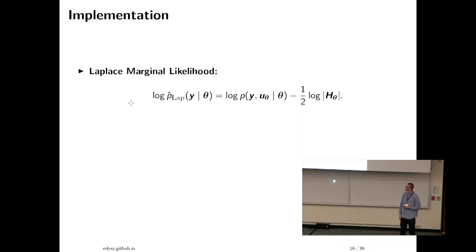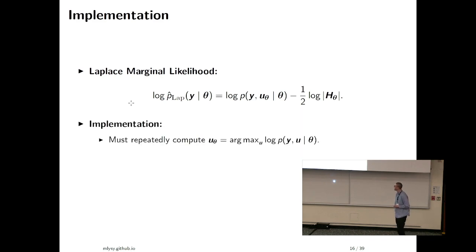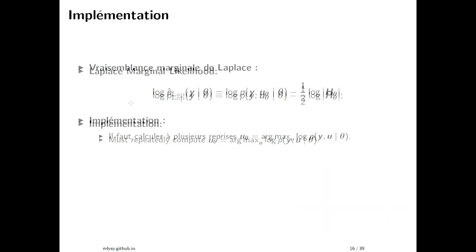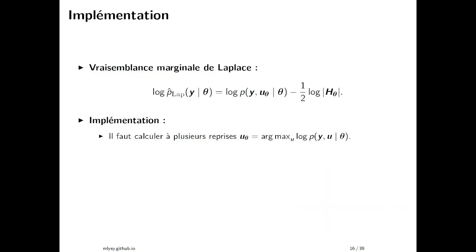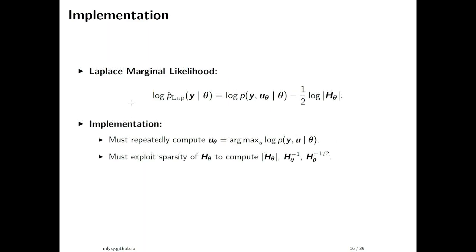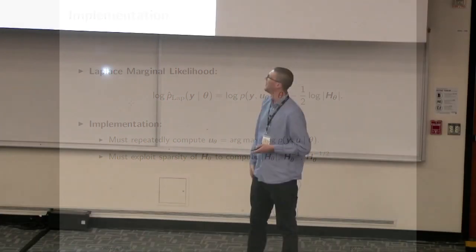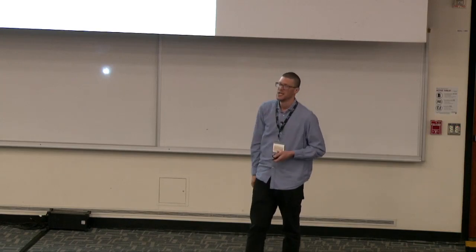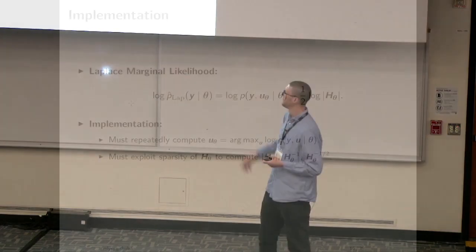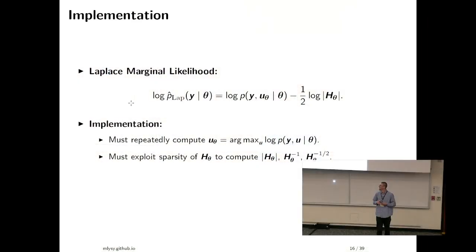So it's a huge matrix. You have to repeatedly do this optimization. For every hyperparameter value, you've got to get to the mode of that distribution in U. For various things, whether you're sampling or evaluating, you need to start computing the log determinant, inverting the Hessian, even possibly taking the square root of it.